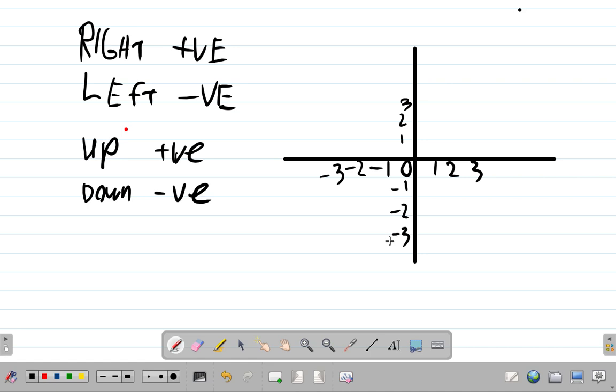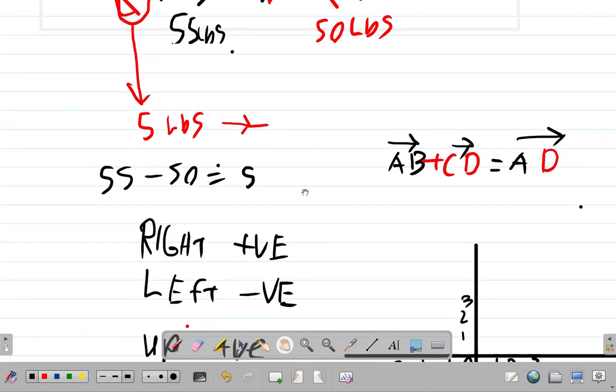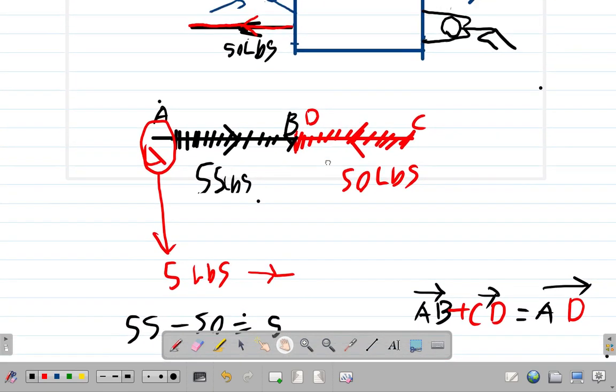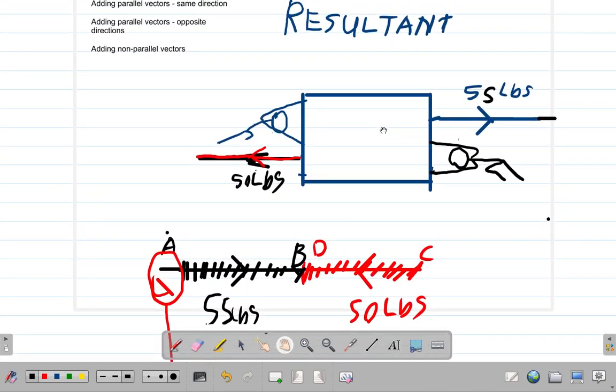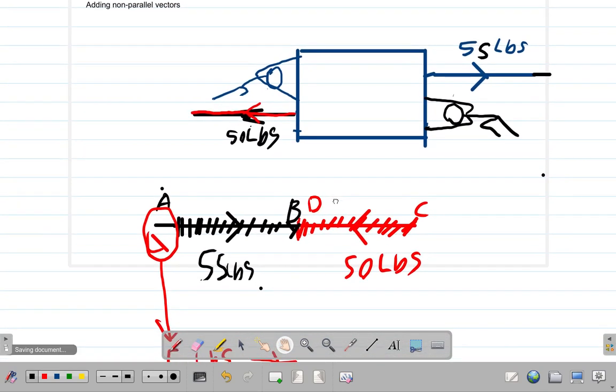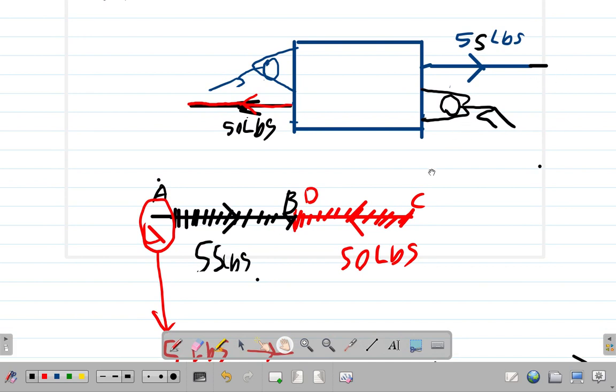The same signs and directions apply generally to the vectors. That is the reason why I consider the 55 going to the right as a positive number and the 50 going to the left as a negative number.